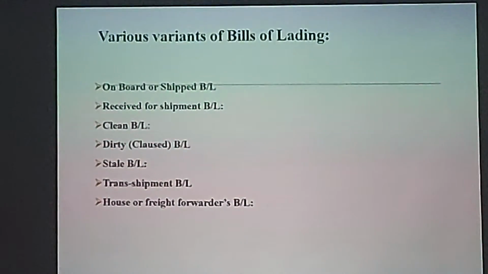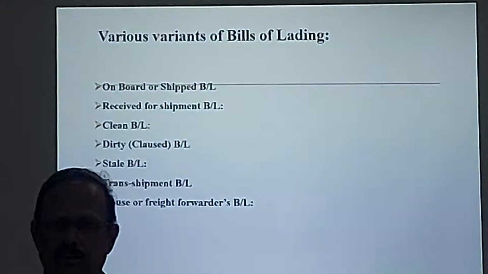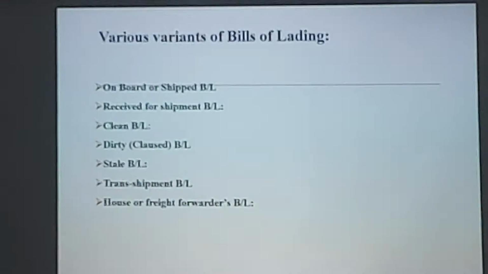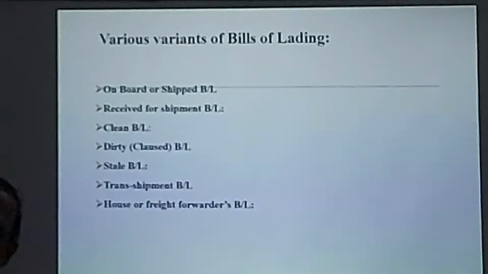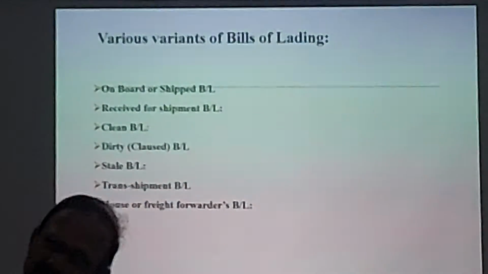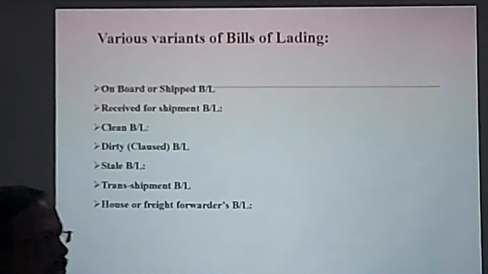Okay. Then there are house or freight forwarders. As said, your clearing agent also issues a bill of lading or airway bill. For example, DHL, they have got their own aircraft, so they issue their own airway bill. Or sometimes they consolidate cargo, your cargo, my cargo, everything, put it together and give it to the shipping line. The shipping company gives them a bill of lading for the entire consignment as one. So the freight forwarder will break it up into individual ones and give it to me.